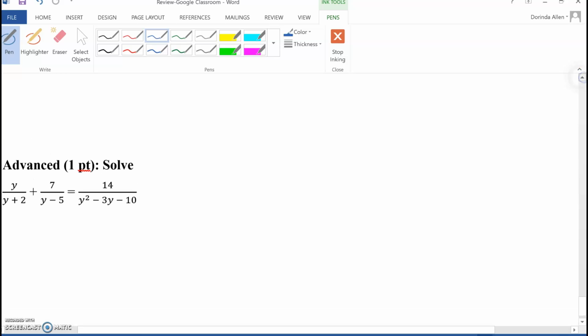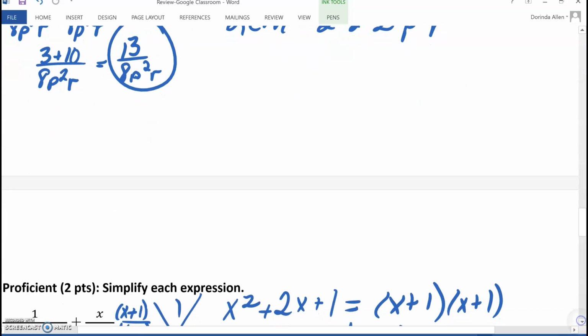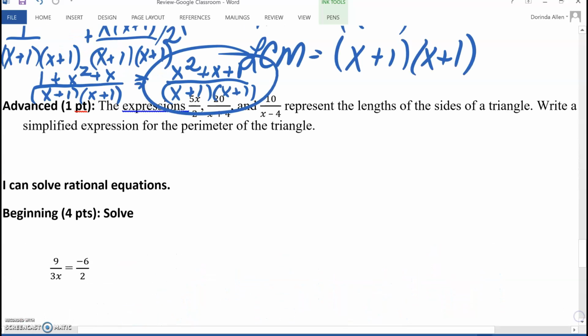The advanced one is continuing addition, just written out in a different type of problem. So the expression is 5x over 2, 20 over x plus 4, and 10 over x minus 4. Represent the lengths of the side of a triangle.